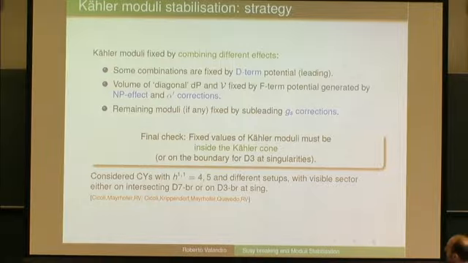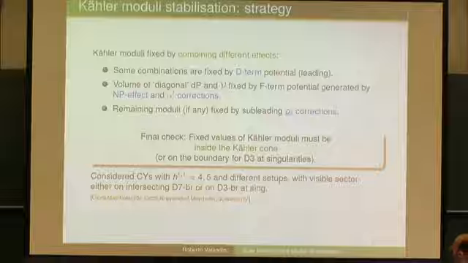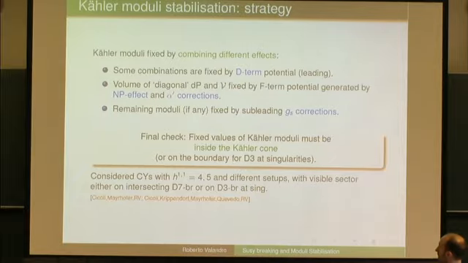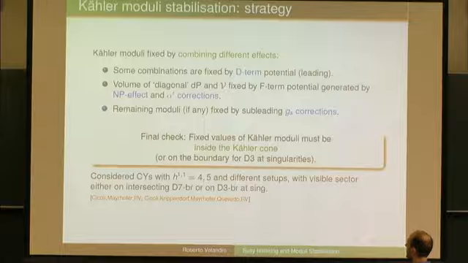Then at lower energy you have fewer Kähler moduli left, and maybe you have just 2 left, and then it's enough to have one non-perturbative effect that survives in your construction, and together with the alpha prime correction, this will generically give you the large volume minimum. And if there are some Kähler moduli that are still flat directions, then you need to consider the subleading corrections that are AGS.